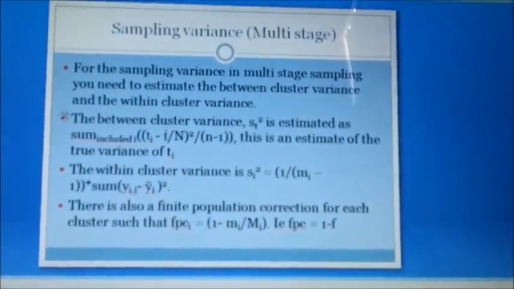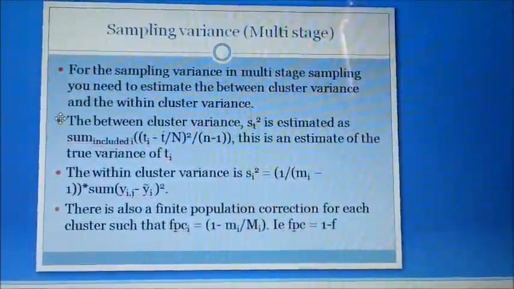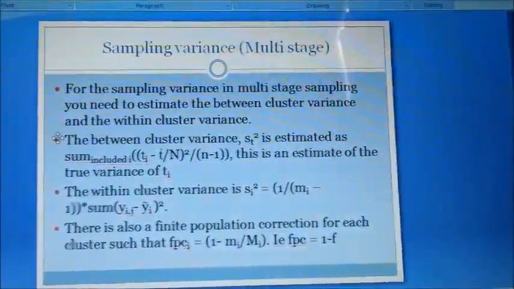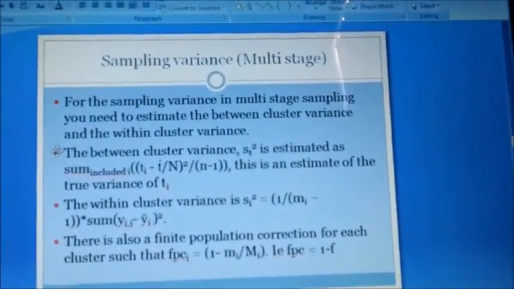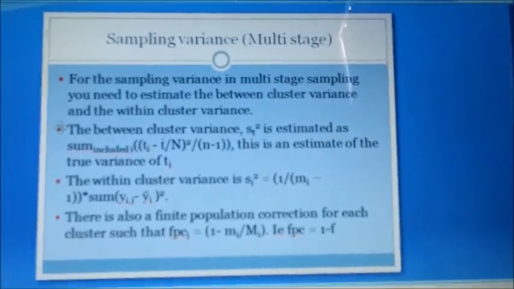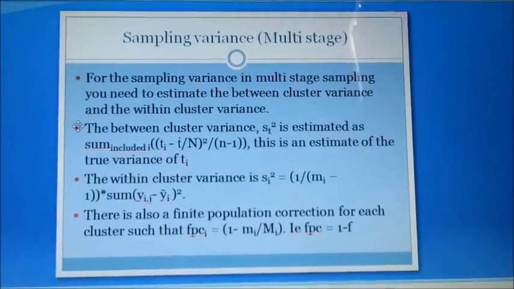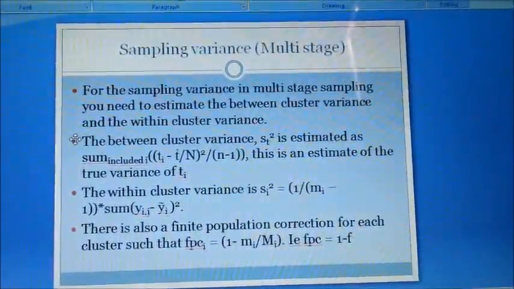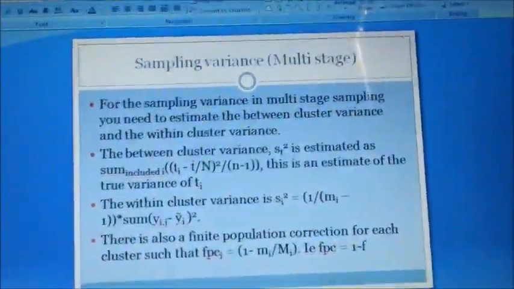The within cluster variance is lowercase si squared, and it's equal to 1 over mi minus 1, multiplied by the sum of yij minus the sample mean of cluster i, squared. We also calculate the finite population correction for each cluster, which means that FPCi equals 1 minus mi on Mi. So the finite population correction is simply 1 minus f.